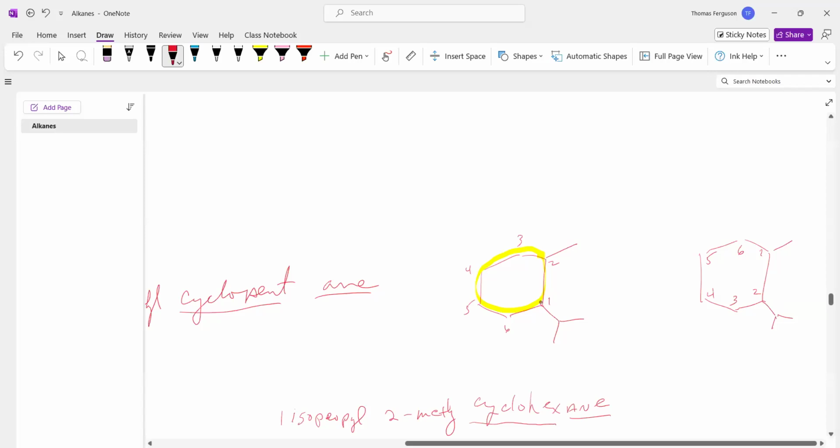That's starting on the carbon where the isopropyl is located. What if we start on the methyl instead? That's going to be 2 isopropyl, 1 methyl, cyclohexane.